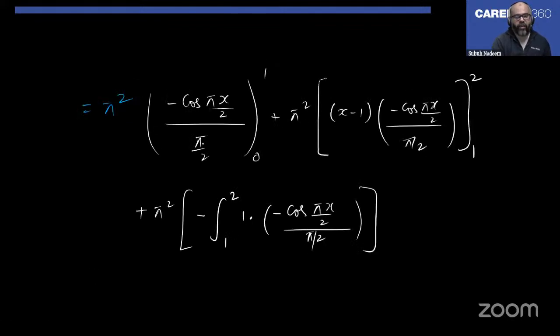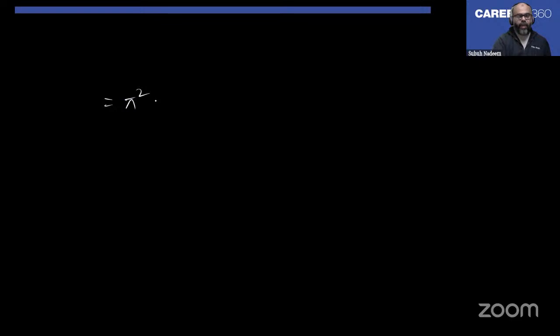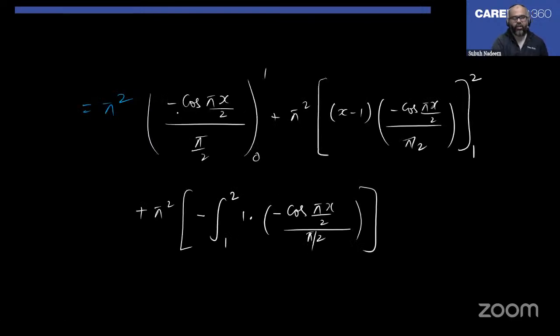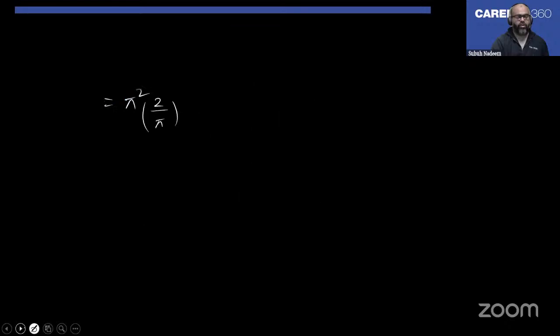And when we take this π, it will become 2 by π here. And minus cos π/2; cos π/2 is 0 when we put x equal to 1. And minus minus plus cos 0 is 1, so this will be into 1.